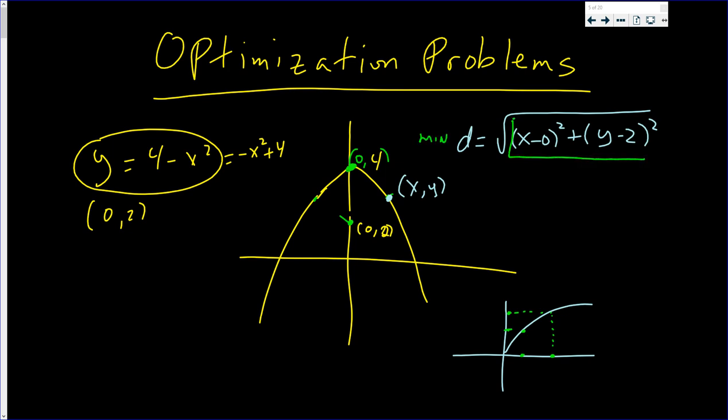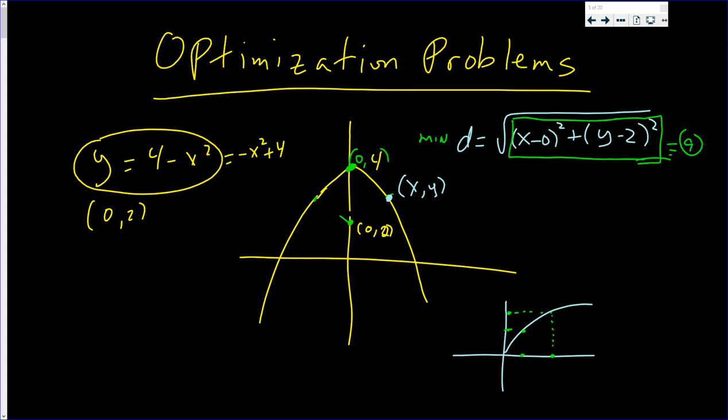Suppose the least that the inside can be is 9, then the least d can be is the square root of 9. It can never be more than 3.